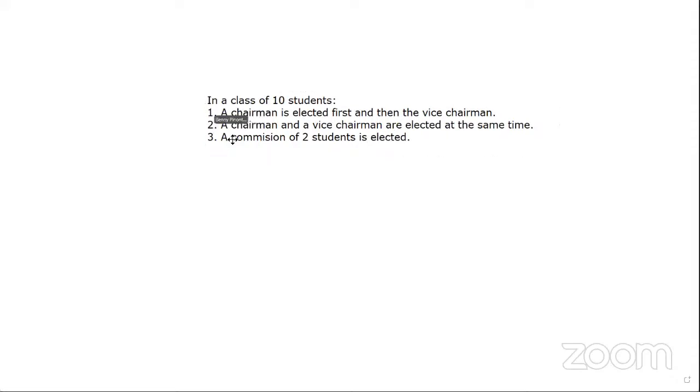Okay, so what is the answer of the first one? 10 factorial divided by 8 factorial.